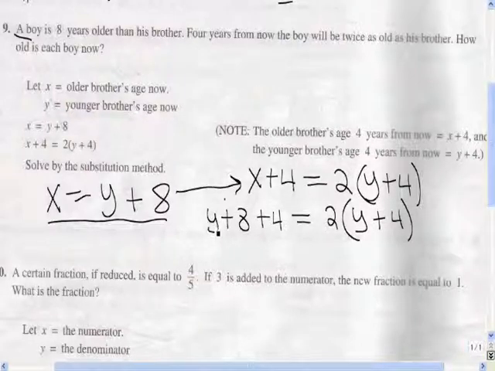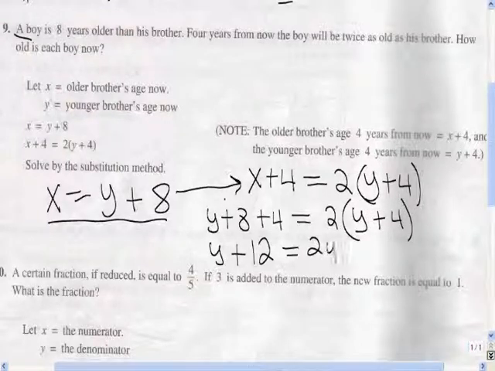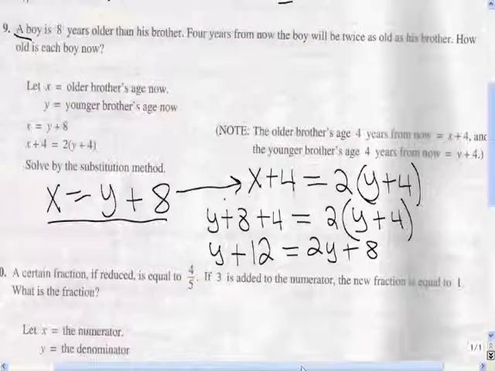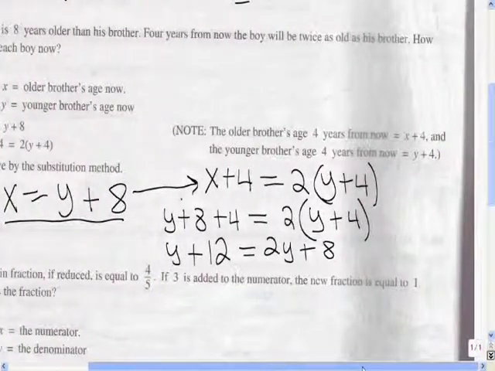Okay, now that I have the same variable Y all the way through the equation, I can solve this equation. So I'm going to add like terms. Y plus 8 plus 4 is Y plus 12, equals, and I'm going to use the distributive property. 2 times Y equals 2Y, and 2 times 4 equals 8.